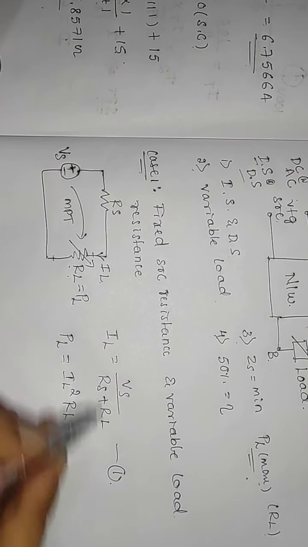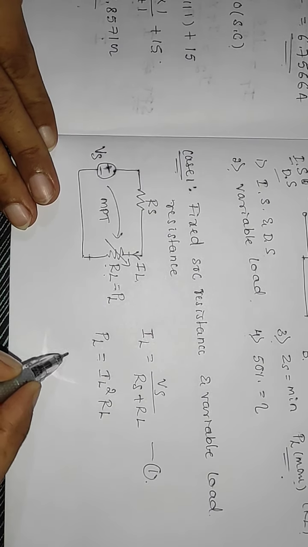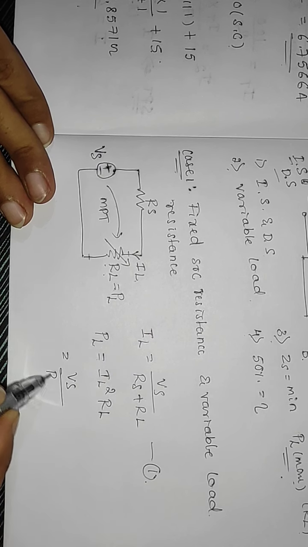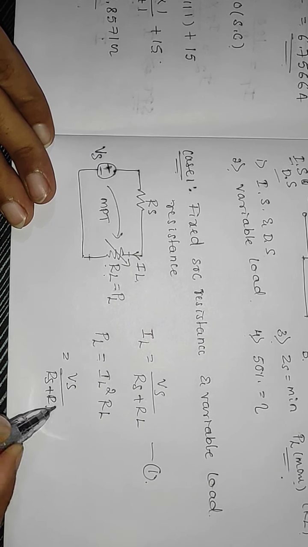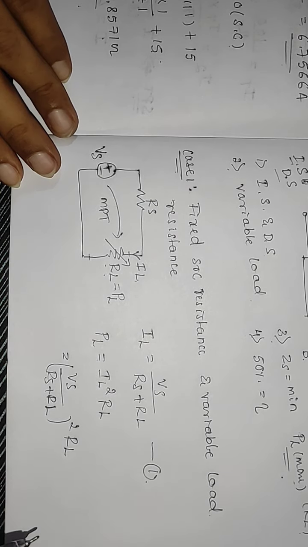Substitute this IL value here. So Vs divided by RS plus RL, whole square, into RL.